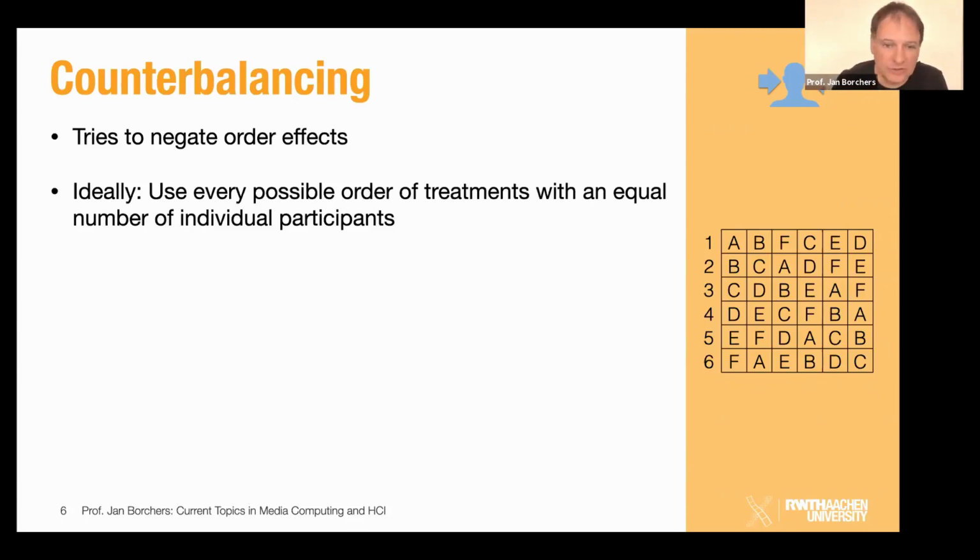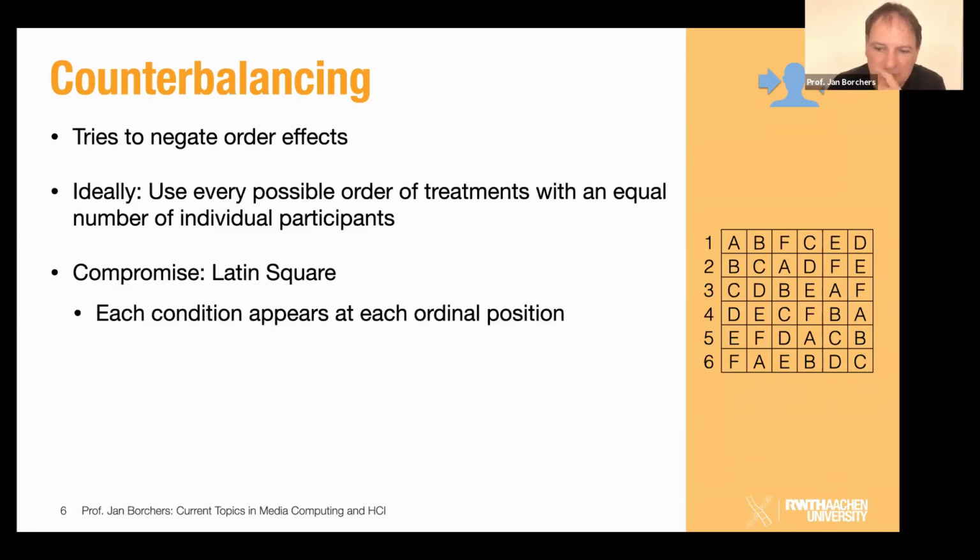So what people do, of course, is a compromise, and that's called Latin square. And again, we talked about this in DIS1, so I'm just going to go over this very briefly. What Latin square does is that it ensures that each condition, and mark this is important, each condition will appear once at each cardinal position, meaning the conditions A to F here will appear once at each of these different rows or columns.